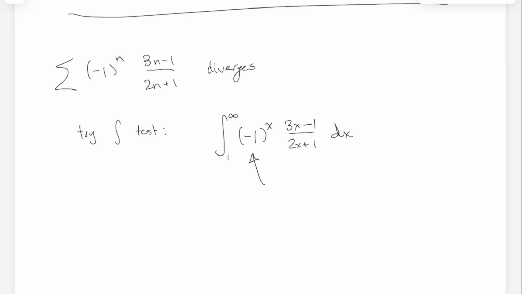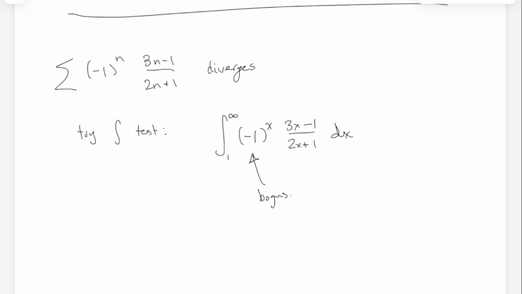And that right there is bogus. I don't know if that looks bad to you, but minus 1 to the power x is not a real valued function. For example, you can't do weird powers of -1. You can do whole number powers of -1, but not other ones.